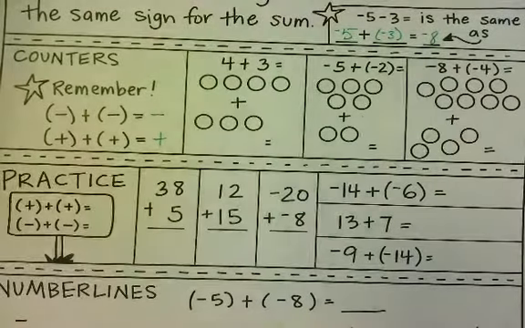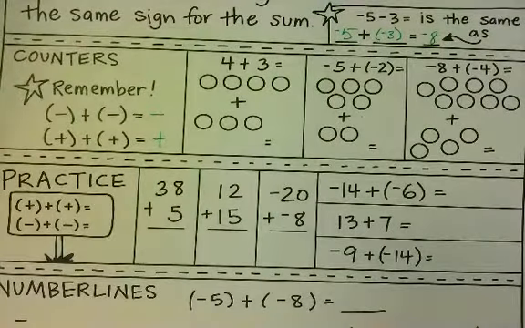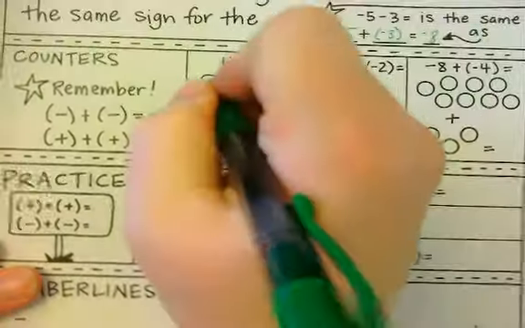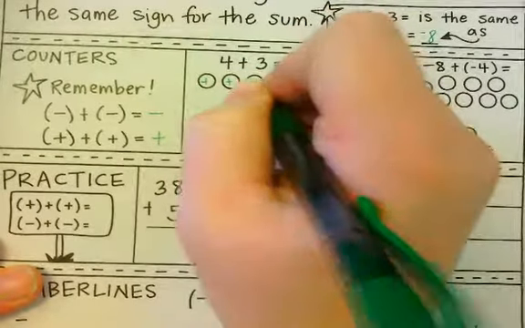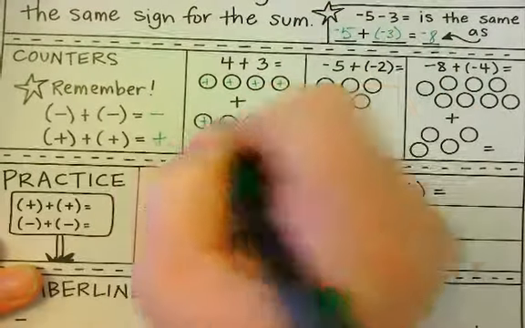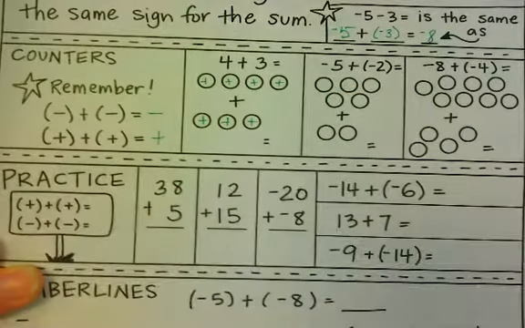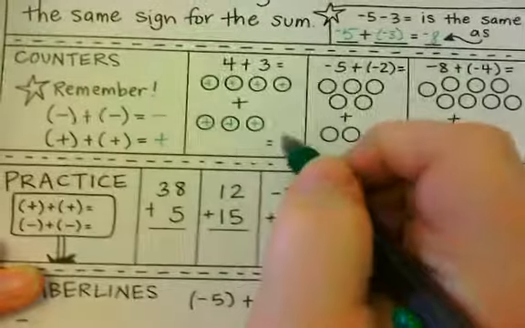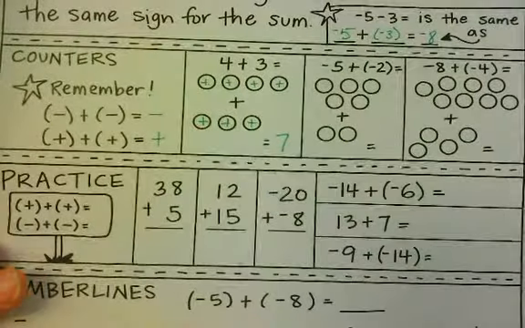So let's look at it. What does it mean to say 4 plus 3 when we talk about pictures? Well, 4 plus 3 is 4 positives plus 3 positives. So we can actually use those positive signs that you guys have seen me use so often here lately. And when we put them together, I now can say I have 7 positives.